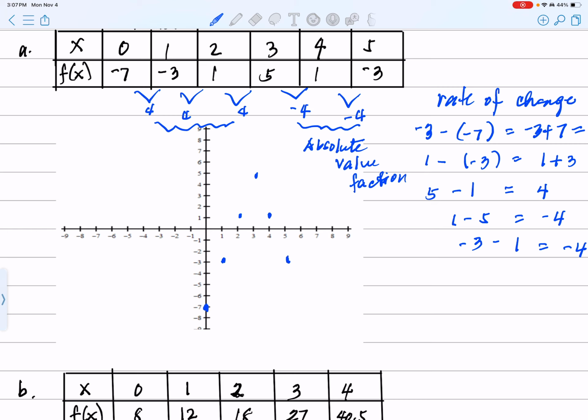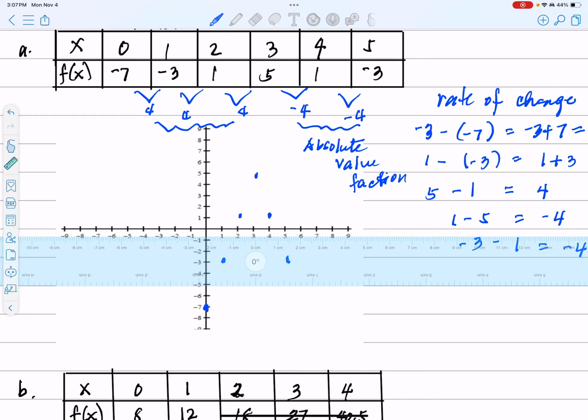Okay, we'll connect the points and see what kind of graph we have. Let's connect these points.